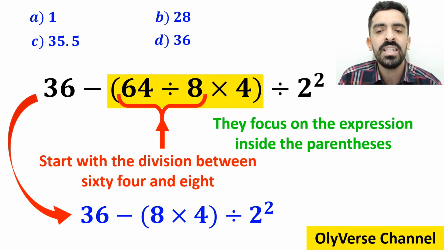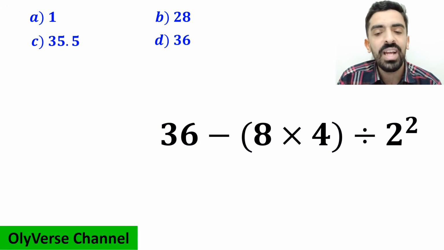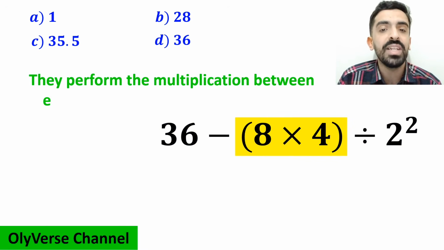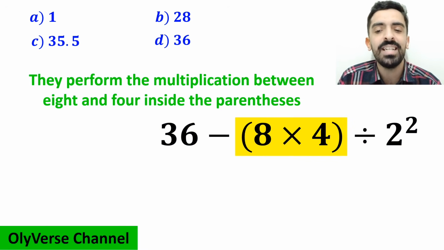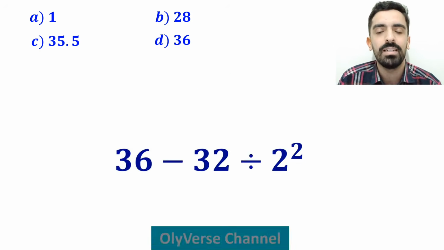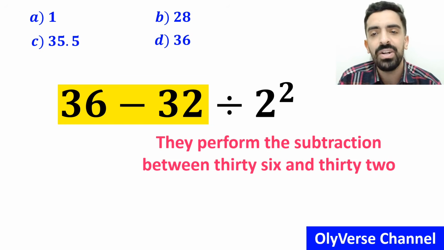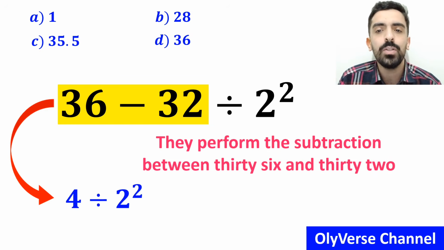So, they simplify this expression to 36 minus 8 times 4 inside the parentheses, then divided by 2 squared. Then, they perform the multiplication between 8 and 4 inside the parentheses and write this expression as 36 minus 32 divided by 2 squared.